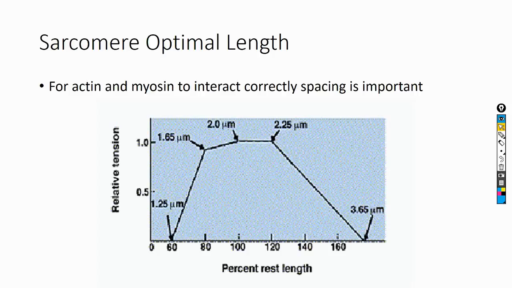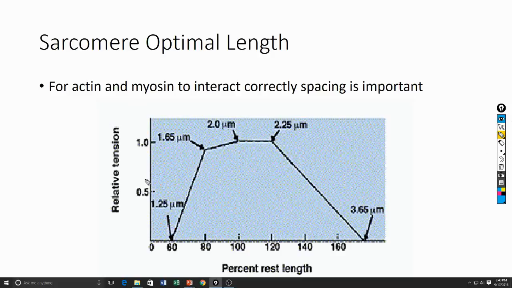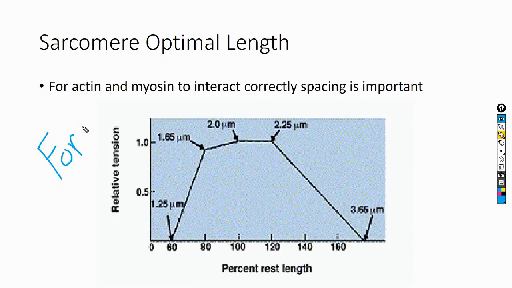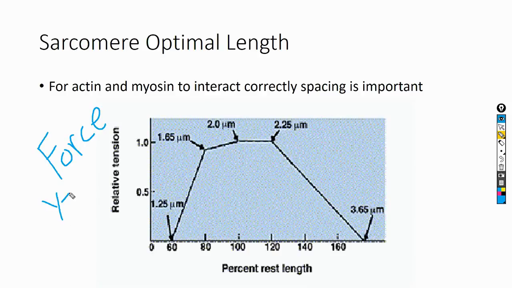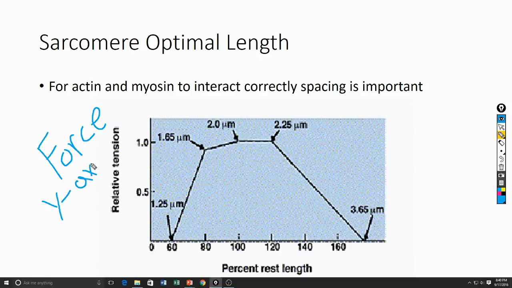So, within a sarcomere, if we look at this graph here, on the y-axis we have relative tension, but really that's ability to produce force. Okay, so this y-axis is production of force, and then we have resting length, or percent of resting length.